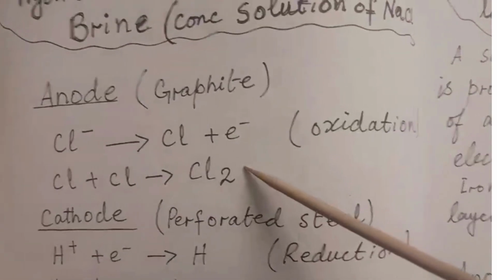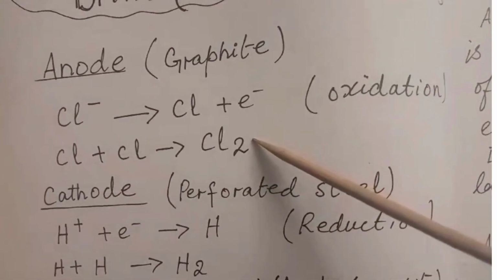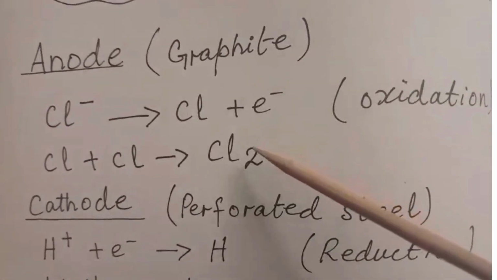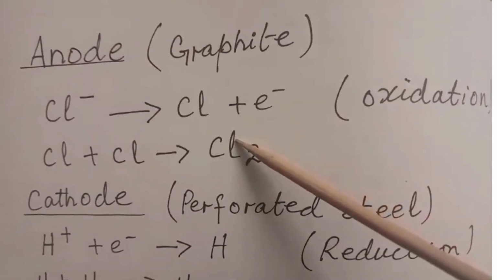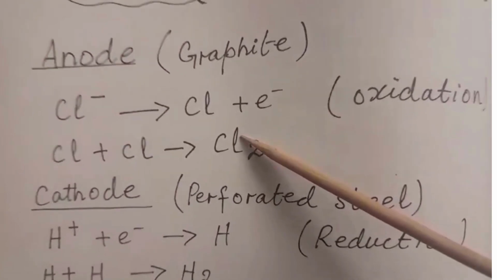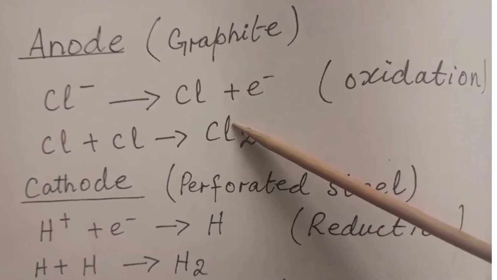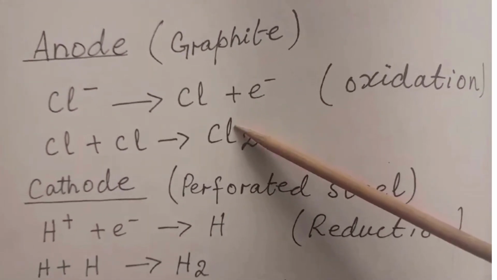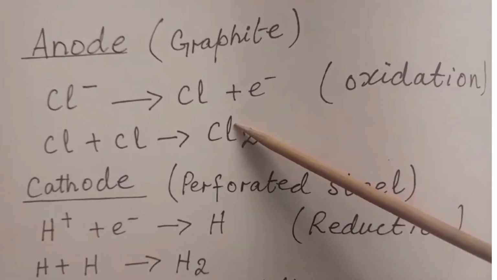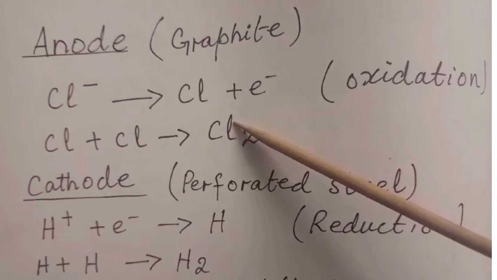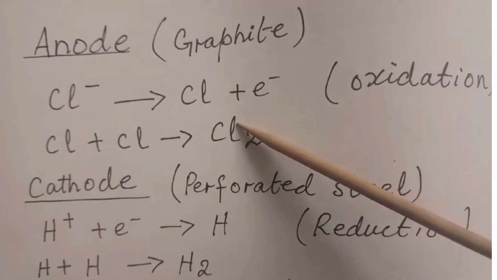These are the reactions which are taking place at anode and the cathode. At anode, the oxidation of chloride ion is taking place. We know that in the concentrated solution of sodium chloride, there are two anions, Cl- and OH-, that is the hydroxide ion.